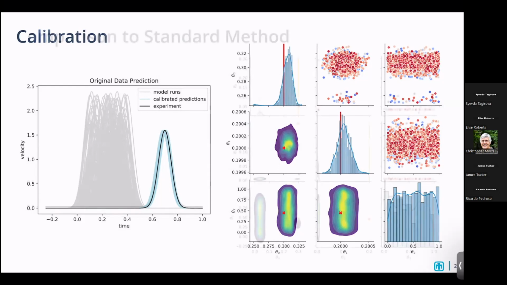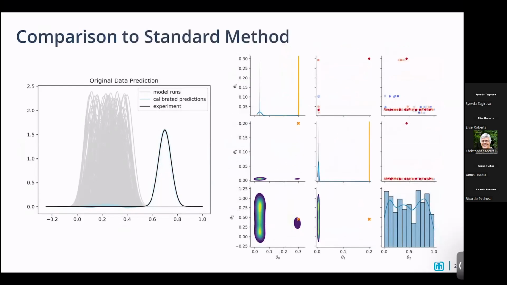If we run the standard method, we use the same basis functions, except now we don't have a shooting vector space, so we do everything in the original data space. We characterize our discrepancy using basis functions. We actually get a lot of small triple peaks around where it's averaging over the model data space. You can kind of see those blue curves here, where things are not great.